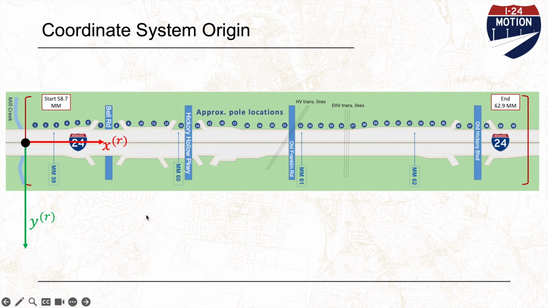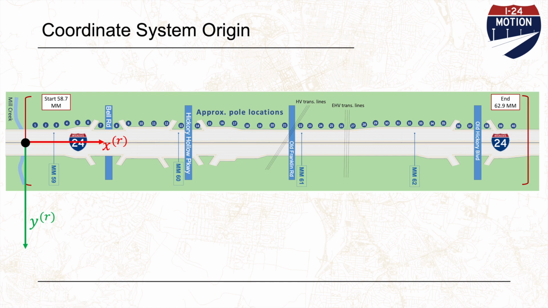maximum. So the coordinate system origin is roughly located at Mill Creek, the most westbound point on the testbed, and the x-axis points in the eastbound direction, and the y-axis is aligned so that it's positive in the eastbound direction.